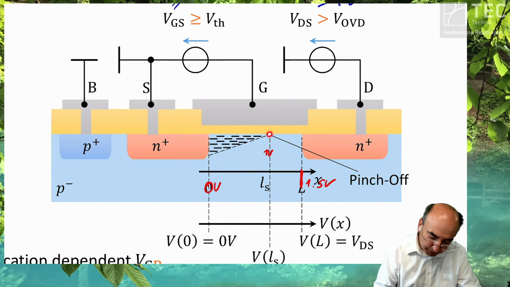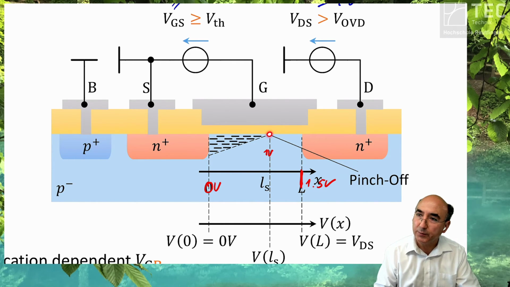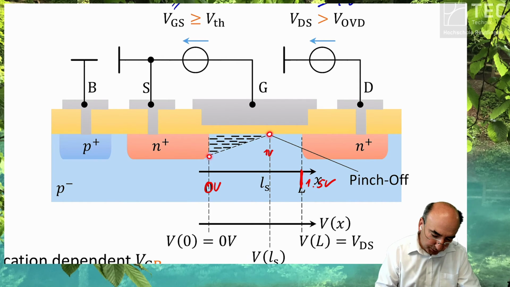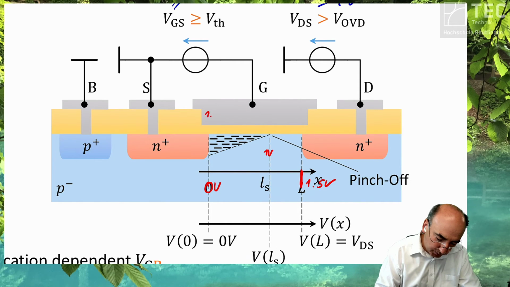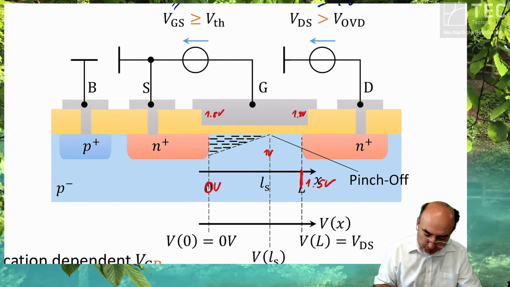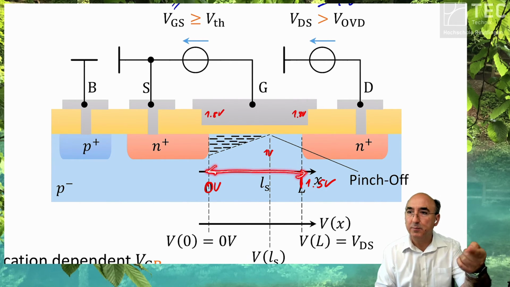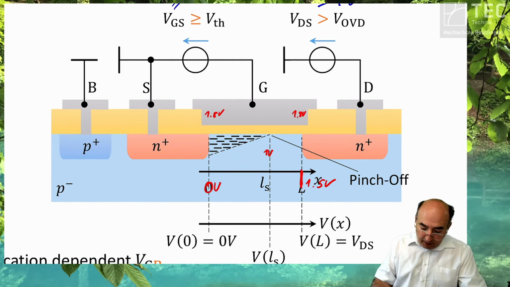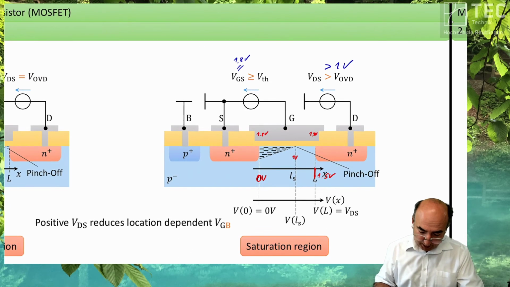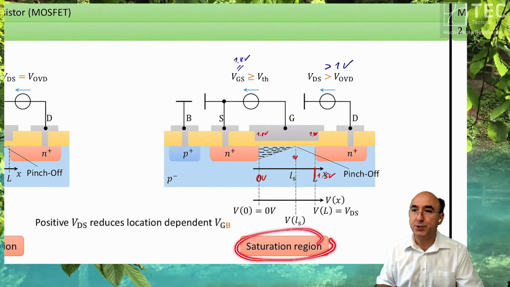Therefore, we draw this pinch-off point at this point. And at this point, we have the full voltage of 1.8 volt. So here is 1.8 volt, and here also 1.8 volt. The only thing which changes is within the bulk, which is seen by the channel. Okay. Therefore, we have a so-called saturation region.